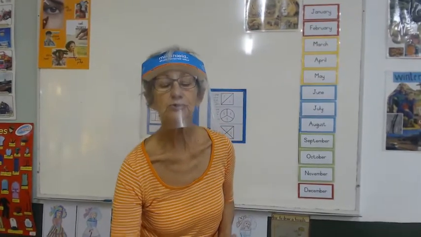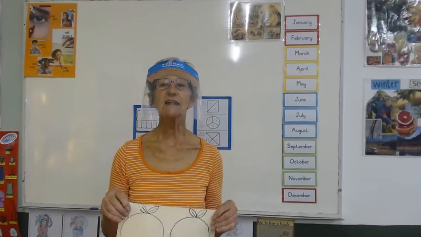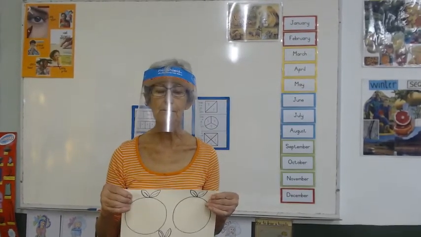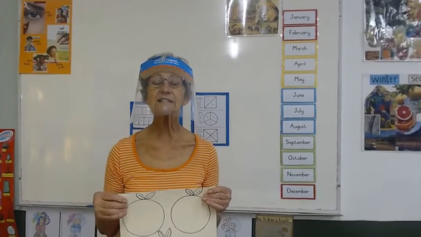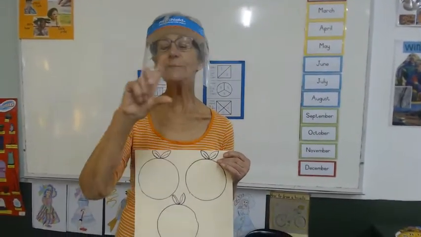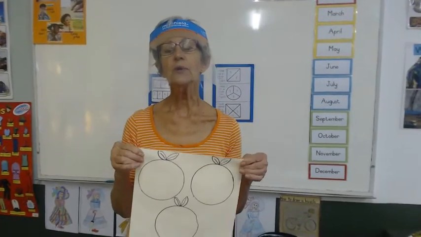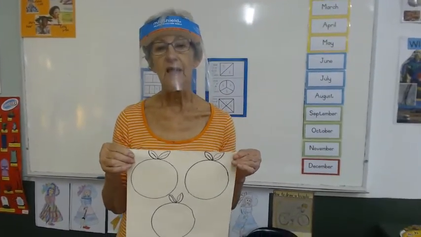Remember, we talked about fractions yesterday and that each piece has to be the same. 4 pieces makes one whole. One piece, when it's shared into 4, we call a quarter.